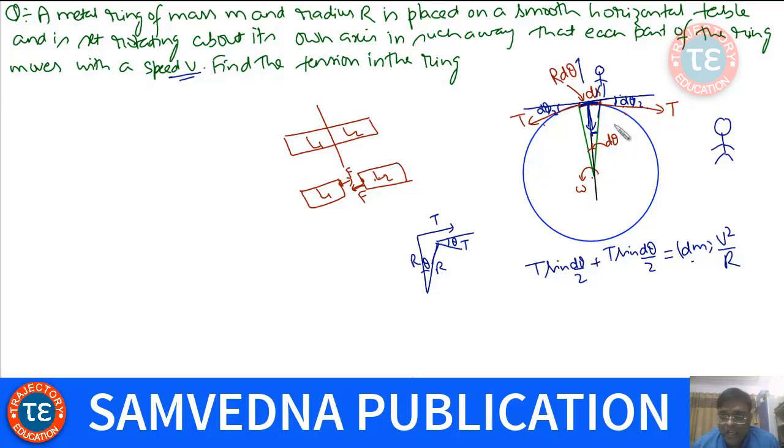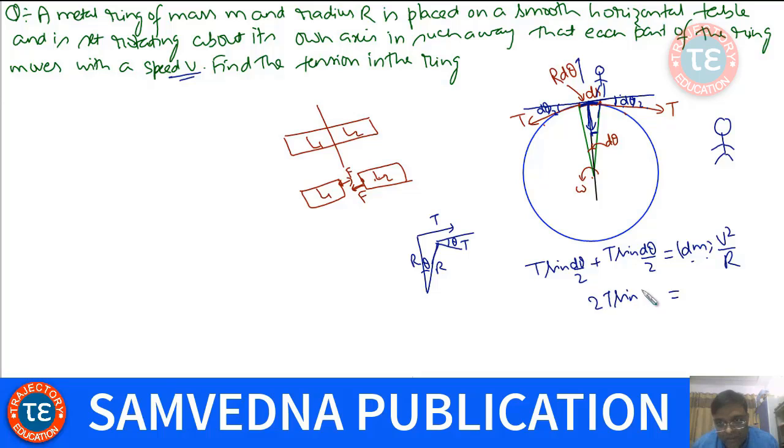See, for an observer outside, this ring is rotating, and hence this element of the ring is also undergoing circular motion. So the net force in the radially inward direction will be equal to the mass of this element into acceleration in the radially inward direction, because we have already proved that if a body is undergoing circular motion, it is accelerating radially inward with v square by r.